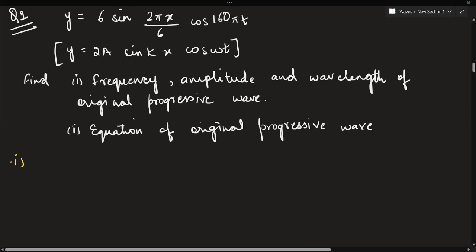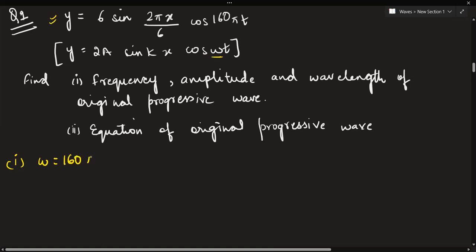So for the calculation of frequency, we don't have frequency directly given over here, but we have omega. Chase, what is the value of omega? Cos omega. Yes, what is the value of this omega? This is the equation provided to you. 160.